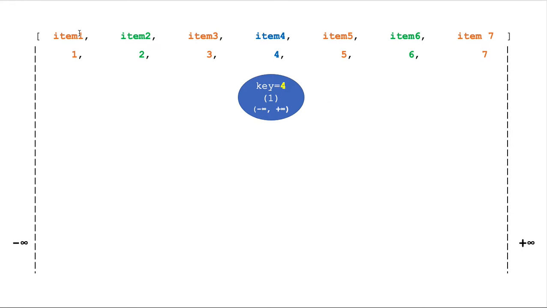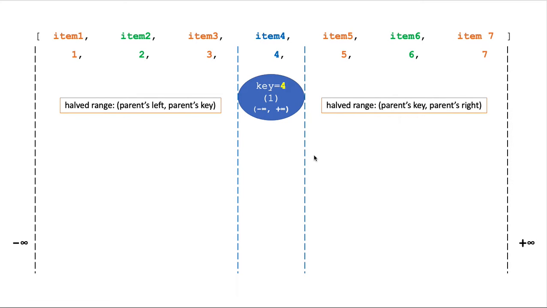Let's say your items are already sorted in ascending order, then we want to begin the search with the middle item within this range. So that will be the item with key equal to 4, and it only has one single count. So this is what this node is all about.